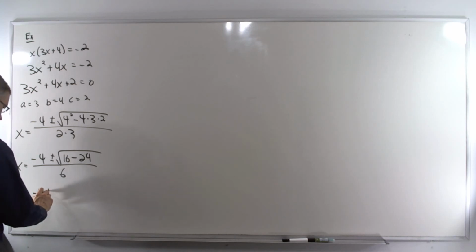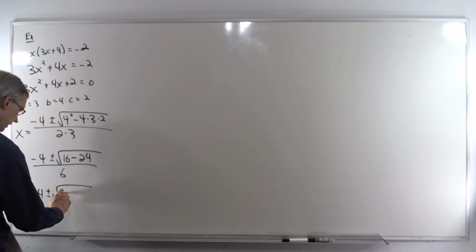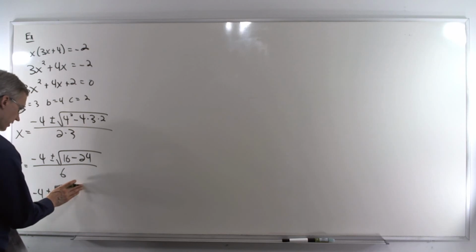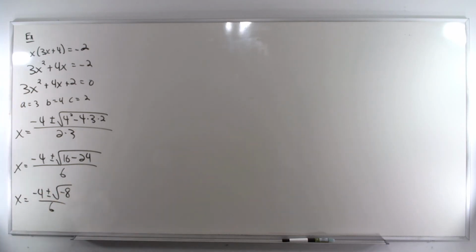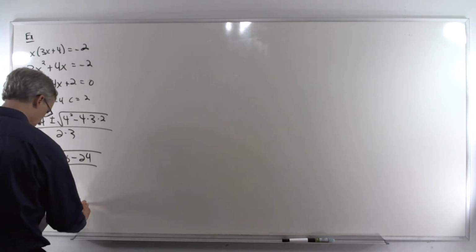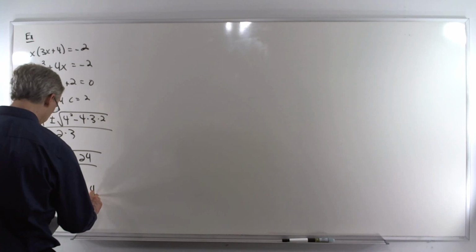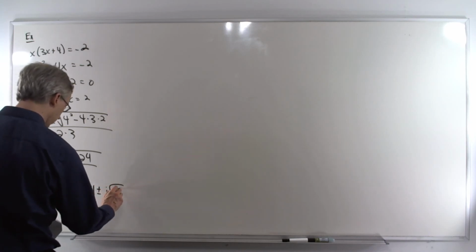That gives us negative 4 plus or minus the square root of negative 8, all over 6. Now we've got a square root of a negative value, so we're going to turn that into negative 4 plus or minus i times the square root of 8.